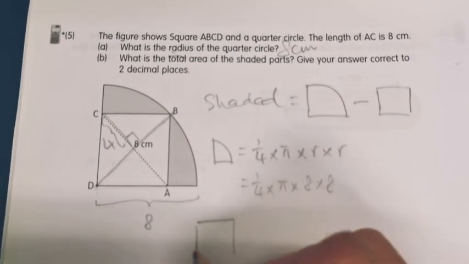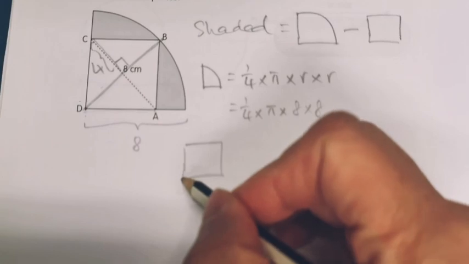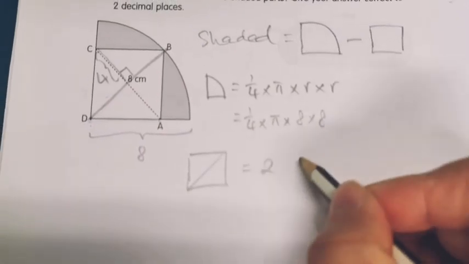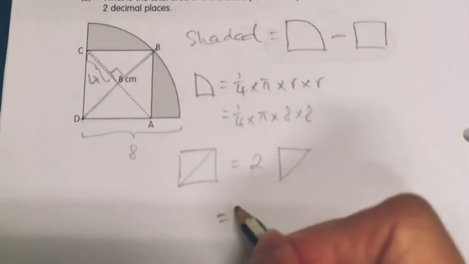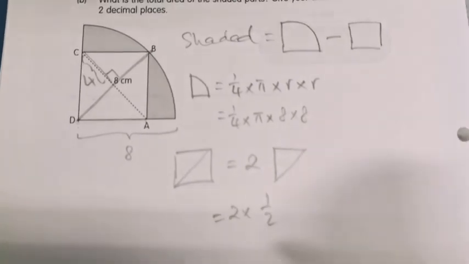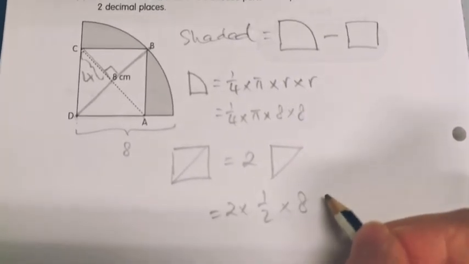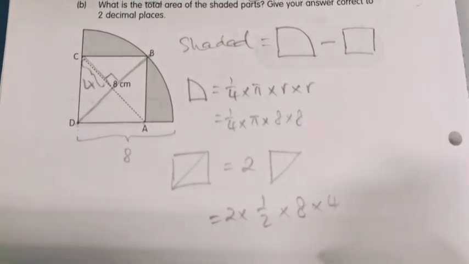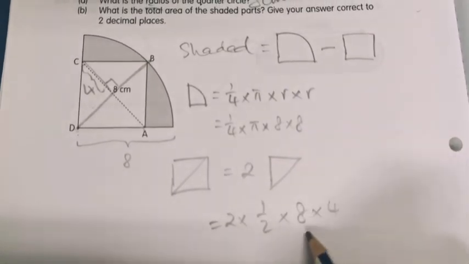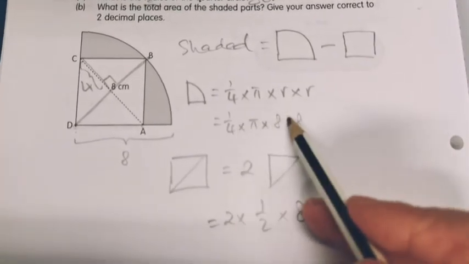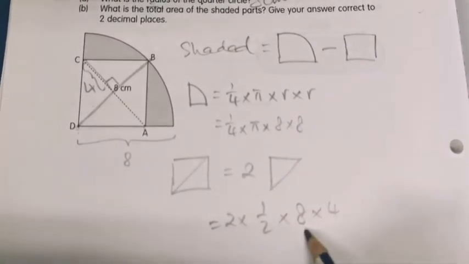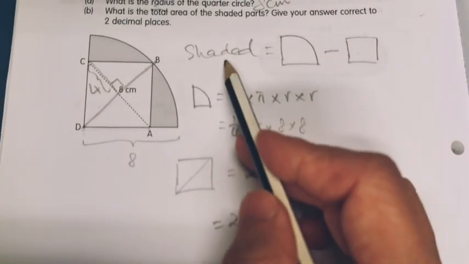So the area of the square here is made up of 2 triangles, so equals 2 times half times base, which is 8, times height, which is 4. And then you will get the area of this square. So area of the quadrant minus area of the square, you will get the area of the shaded part.